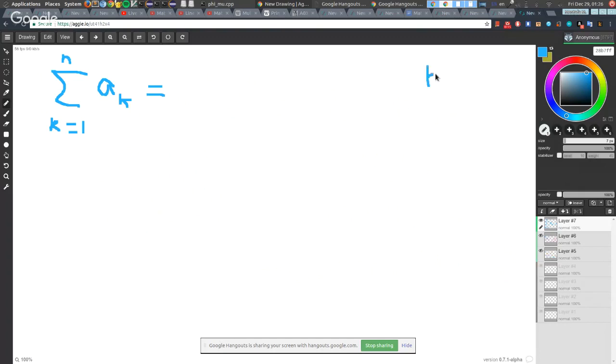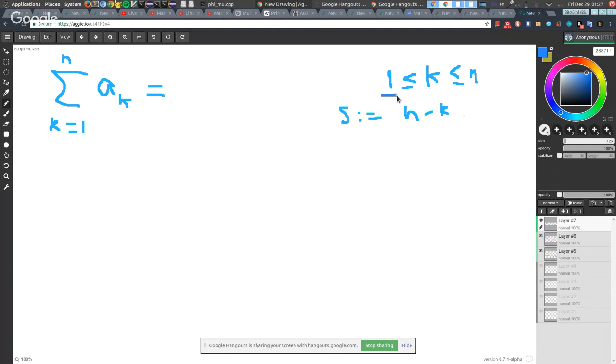Here k is in this range, and we can define some variable s to be, let's say, n minus k, or n minus k plus 1. This will make it a bit simpler. No, I will make it n minus k, so the example would be better. So here we have this.